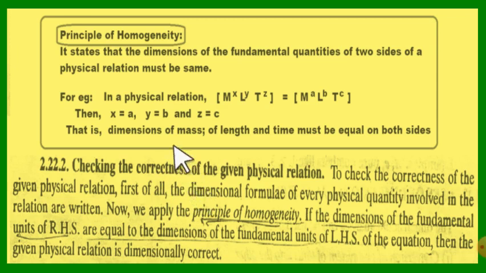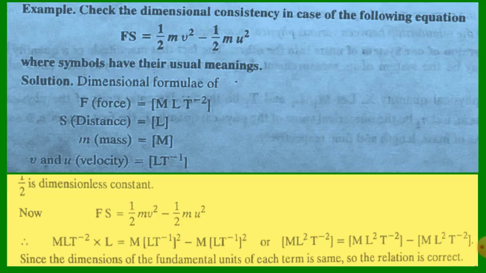If the dimensions are not the same on both sides, then we can certainly say the given relation is not a correct relation. I'm repeating, if the dimensions are the same, the given relation is dimensionally correct. It is correct dimensionally, but we can't say anything about the constants.